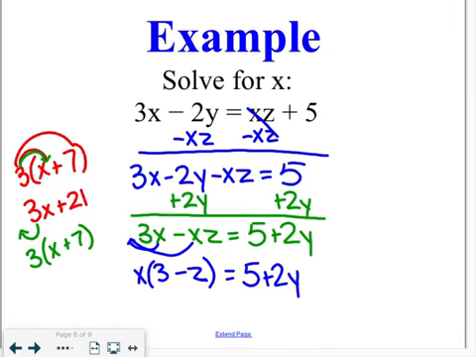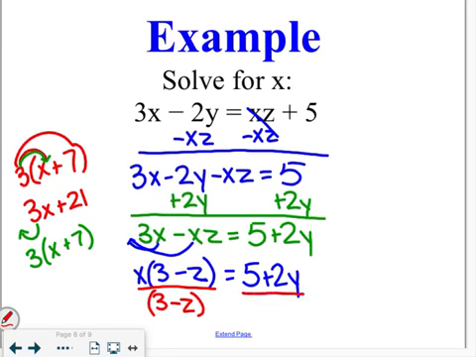So now it's saying x times 3 minus z, and we need to get rid of that. To undo multiplication, we need to do division. So I'm going to divide by that whole piece, which is 3 minus z.